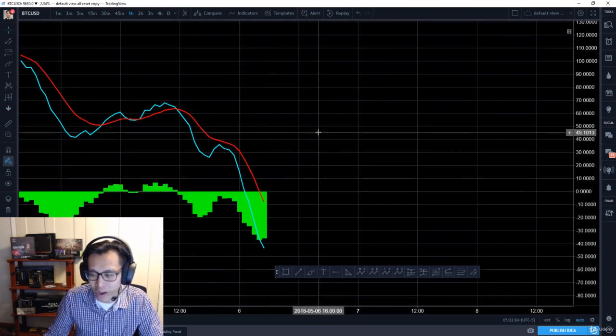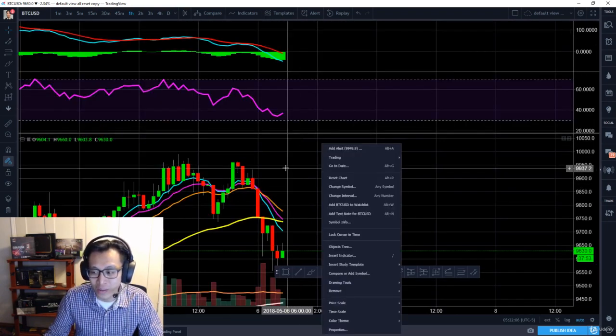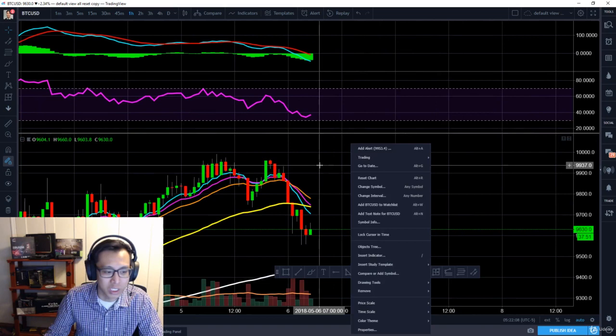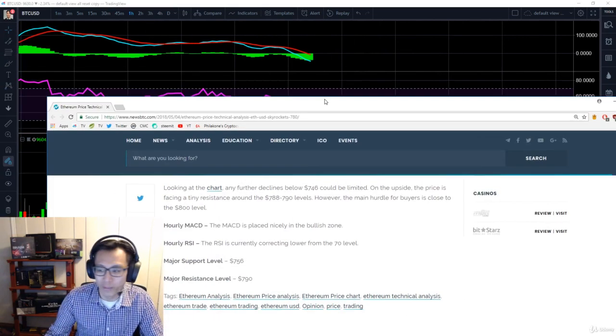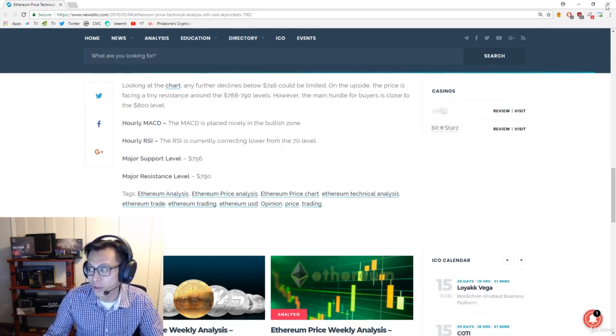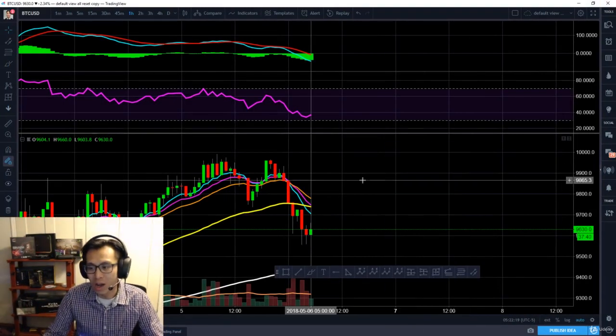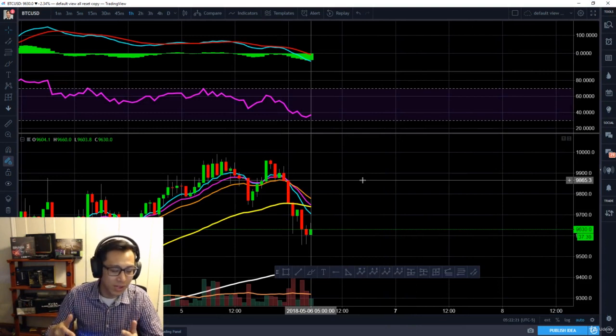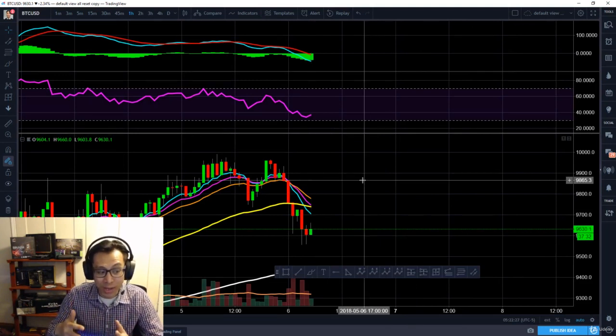If it's on the higher, positive side, that means that it's more bullish, generally speaking. And then they're also talking about the RSI right here. The RSI is currently correcting lower from the 70 level. So RSI is called the relative strength index, and that is a gauge of the momentum in the market and how much strength there is.